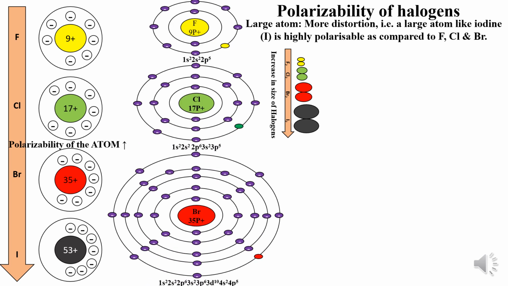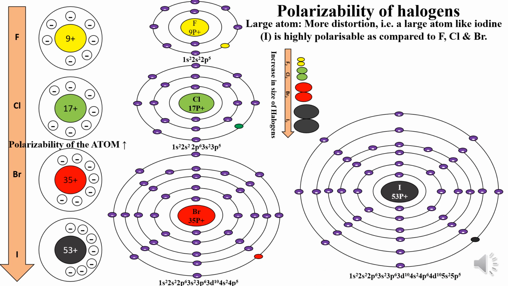In case of fluorine, there are two shells with a total of 9 electrons. Chlorine has 3 shells with a total of 17 electrons. In case of bromine, 4 shells with a total of 35 electrons. And in case of iodine, 5 shells with a total of 53 electrons.